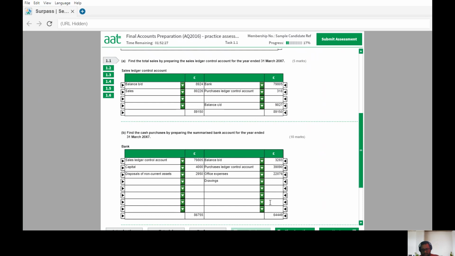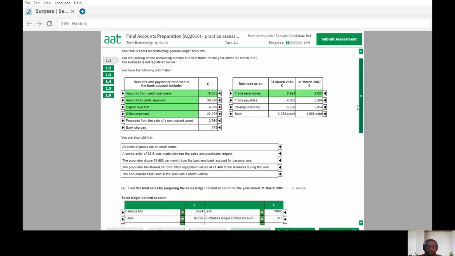So 1,650 multiplied by 12 is 19,800. That amount is also going out from there. And then also remember there was a bank charge for the value of 178 pounds. So we have got all of that information here.